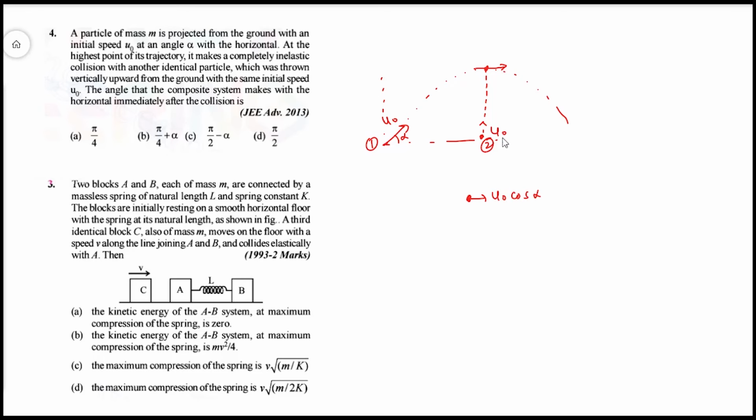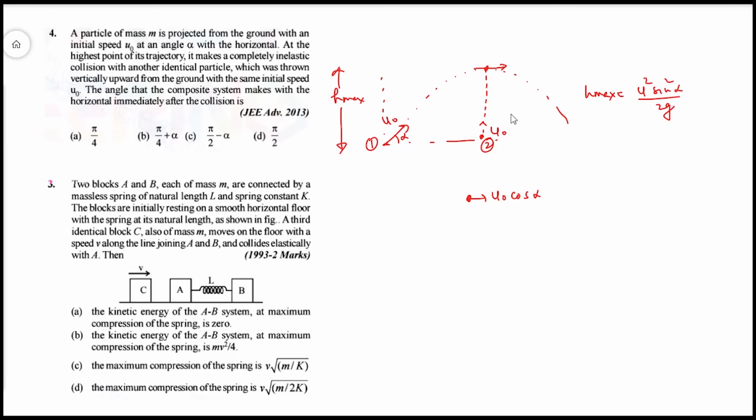You have to figure out the velocity of the second particle just before the collision, and it is going to travel the maximum height achieved by the first projectile. The maximum height formula is h max equals u square sine square alpha divided by 2g. So this is the maximum height attained by the first particle.